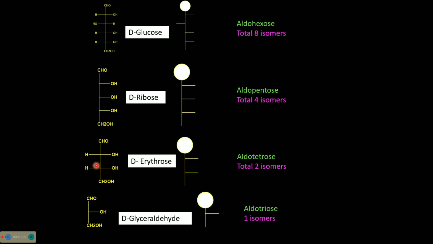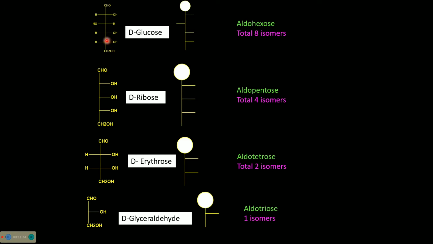Here, this is D, and there is no L option for this carbon. So D and this chiral carbon may be D or L, so two isomers. Similarly, in that case this chiral carbon's stereochemistry is fixed as D. With two different chiral centers, 2 to the power 2 means 4 different isomers.